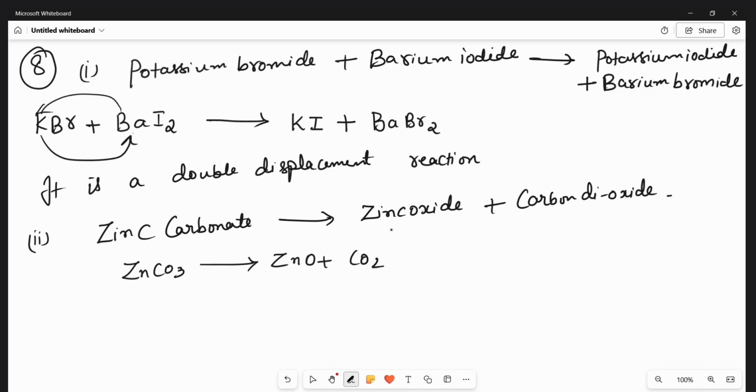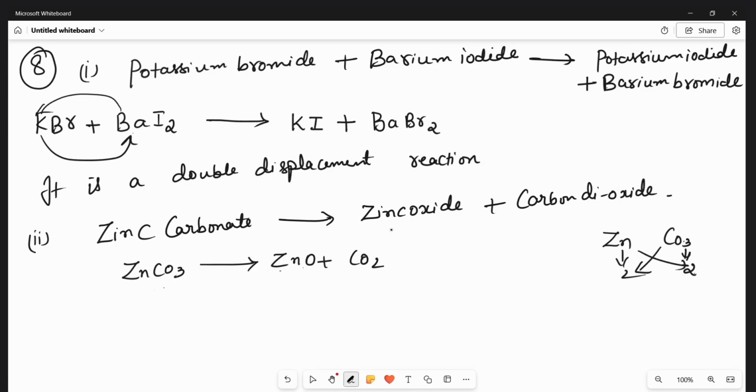Okay. Is it Zn(CO3) whole twice? No. Zinc valency 2. Carbonate group, its valency 2. Cross multiply, you will get one zinc combines with one carbonate group.